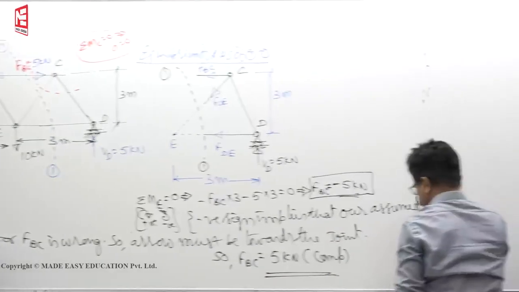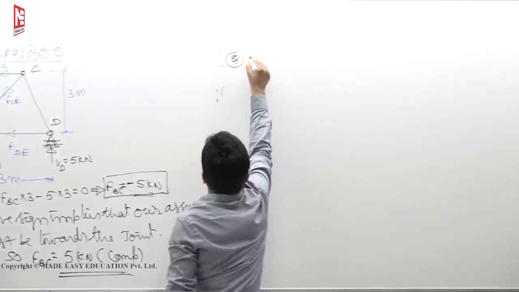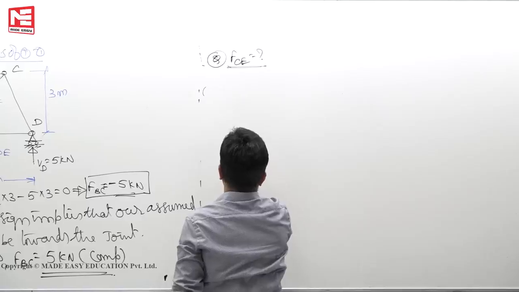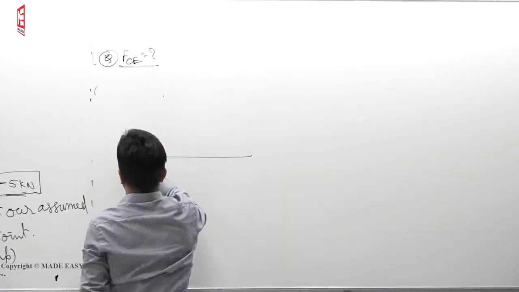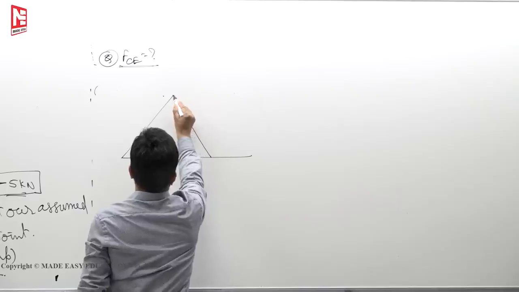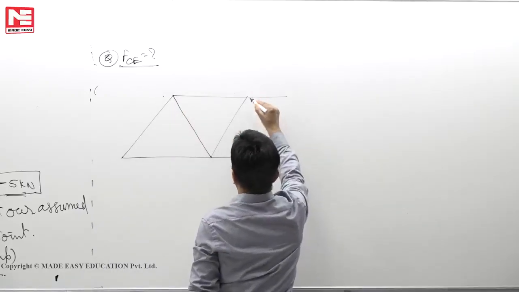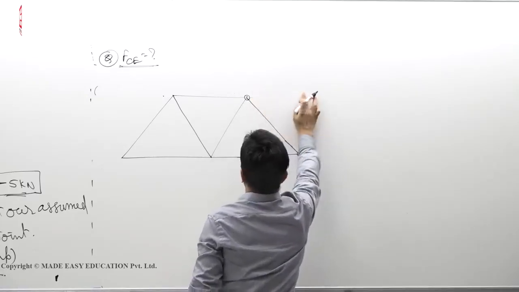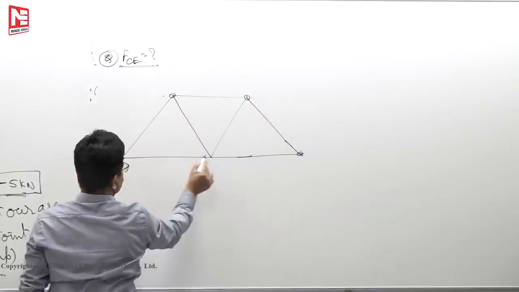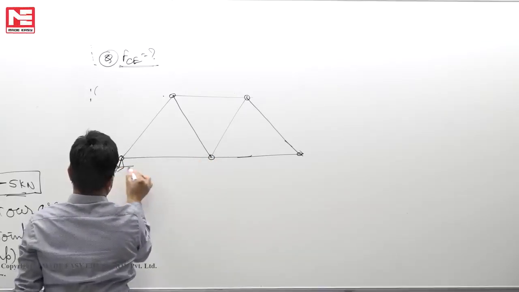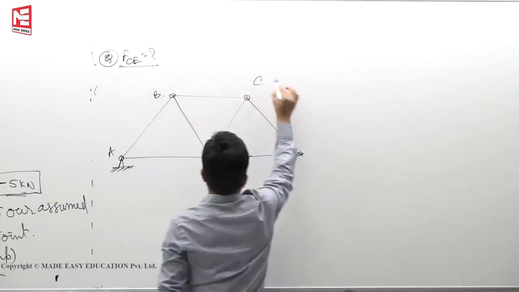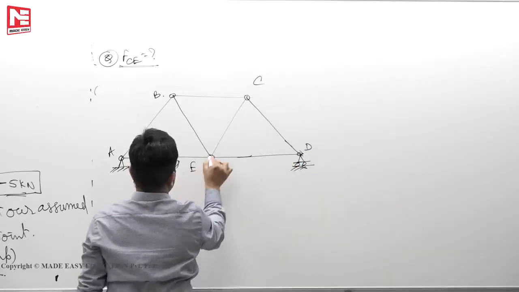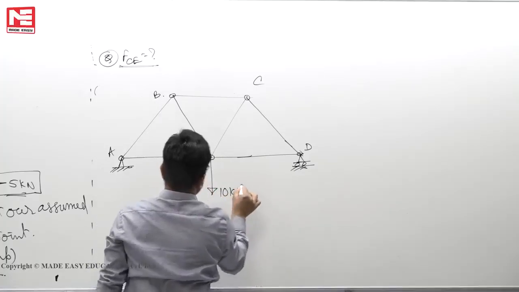This point say A, B, C. This point is D, E. This load is again the same 10 kilonewton.